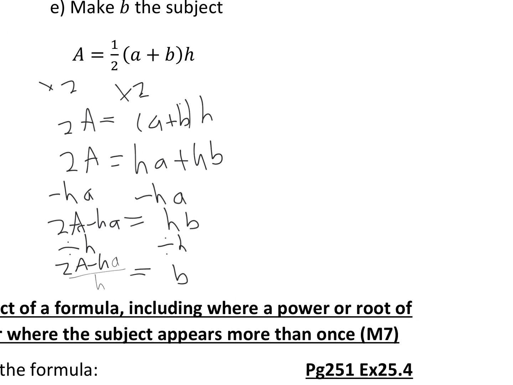Now that also has its equivalence. You could divide by h, so an alternative answer would be 2a over h minus a.